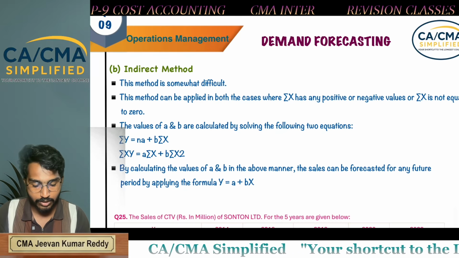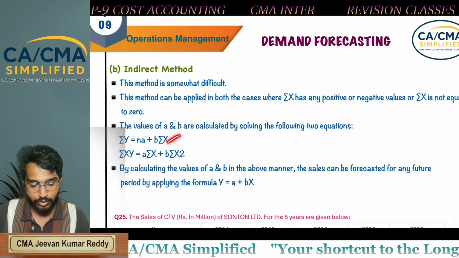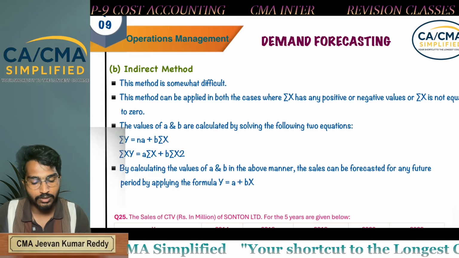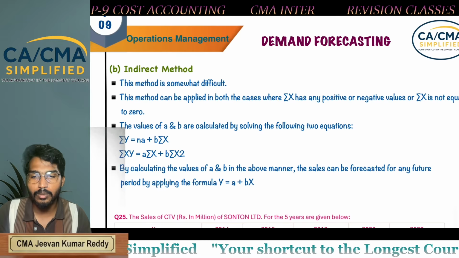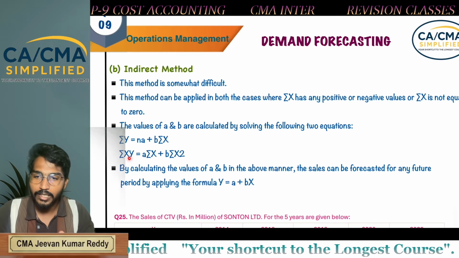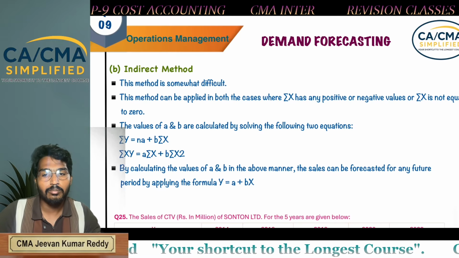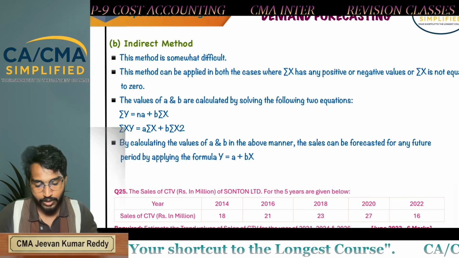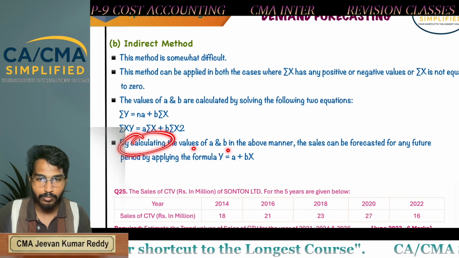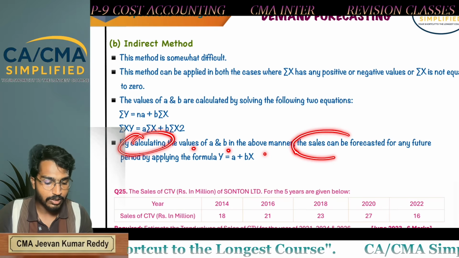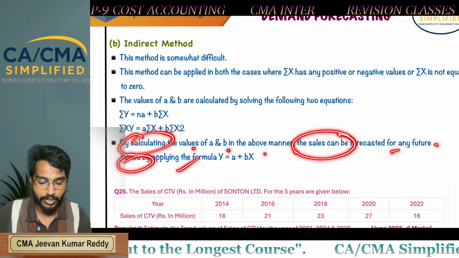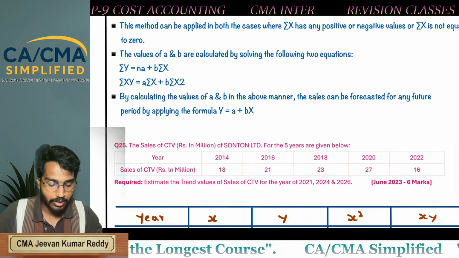In the indirect method, to find a and b, we need to solve these two equations: summation y is equals to na plus b summation x, and summation xy is equals to a summation x plus b summation x square. By calculating the values of a and b in this manner, sales can be forecasted for any future period by applying the formula y is equals to a plus bx.